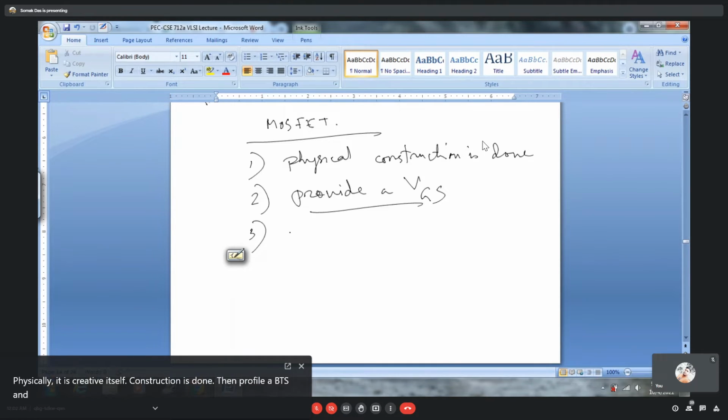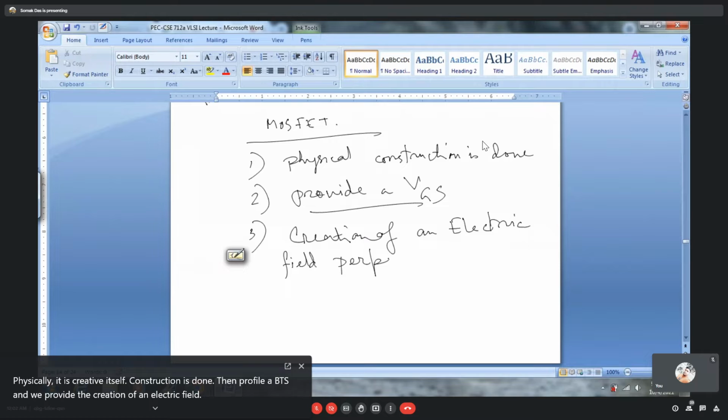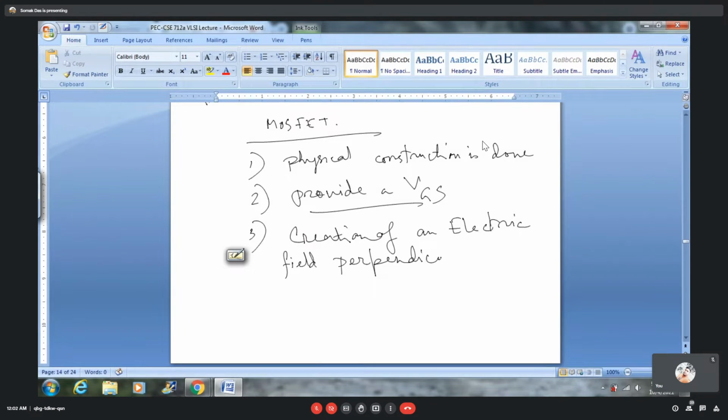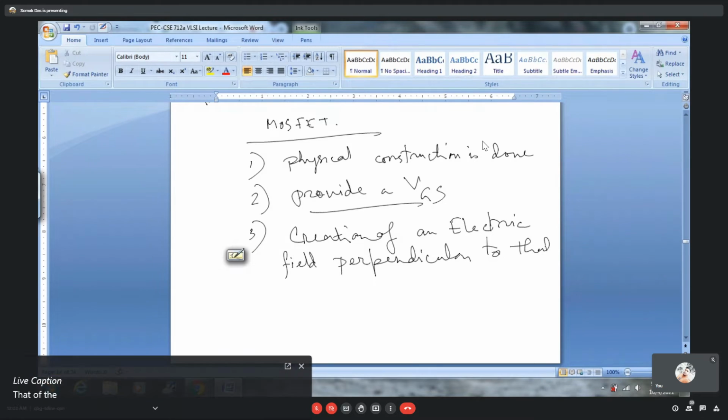As you provide this, creation of an electric field perpendicular to that of the channel happens.